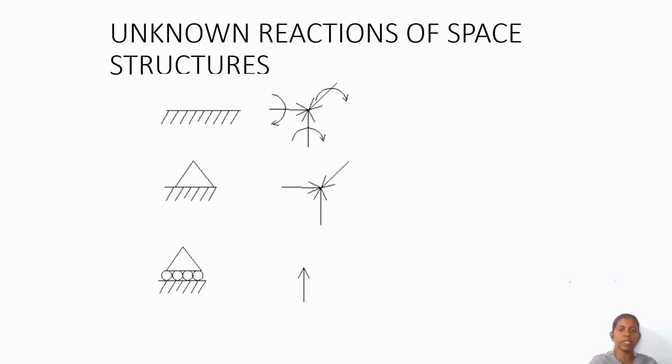So this is basically to understand the space structure. 3 number of forces in 3 directions, Fx, Fy and Fz, and 3 number of rotations in the corresponding 3 directions, Mx, My, Mz. That's why we included 6J and 6M like this.